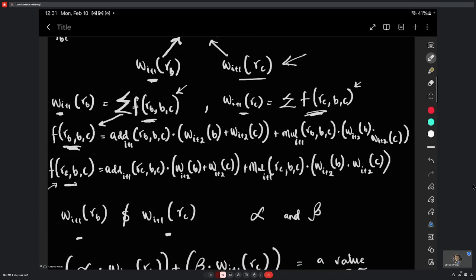At B, yes, left and right. Exactly. Plus mult_i of RB times w of i, B, and C. Right. And also same thing for RC. RB and RC are on the same layer, right?